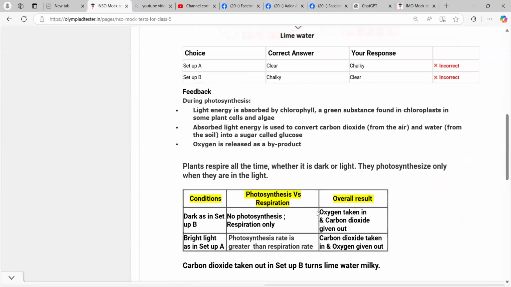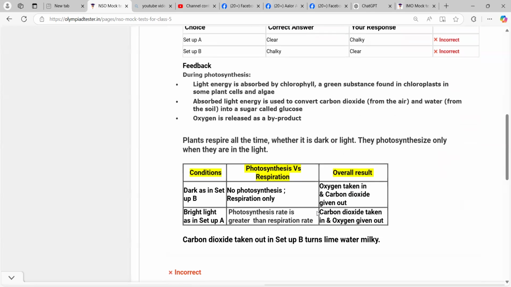Plants respire all the time, whether it is day or night. They photosynthesize only when they are in light. That I already told you. During the sunlight, they can do the process of photosynthesis. So in this condition, dark as in setup B, no photosynthesis, respiration only. Overall result, oxygen taken in and carbon dioxide given out.